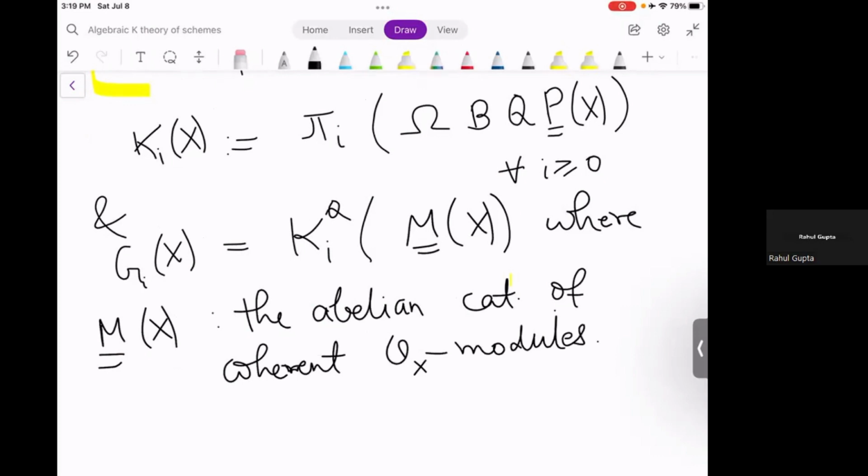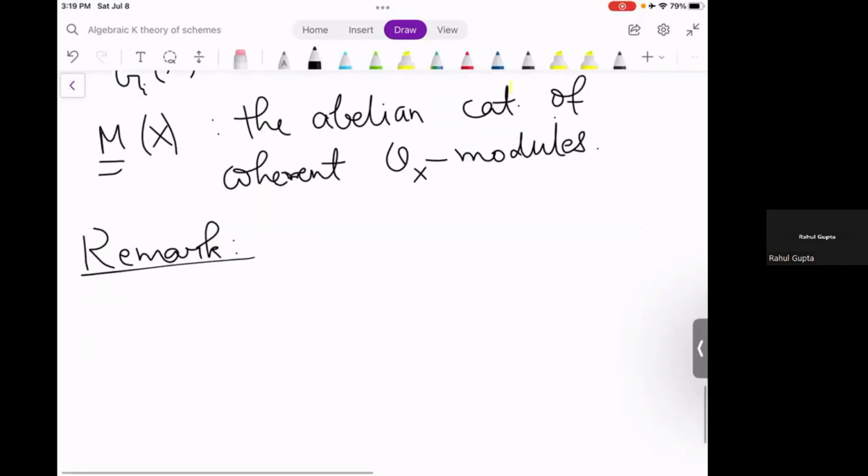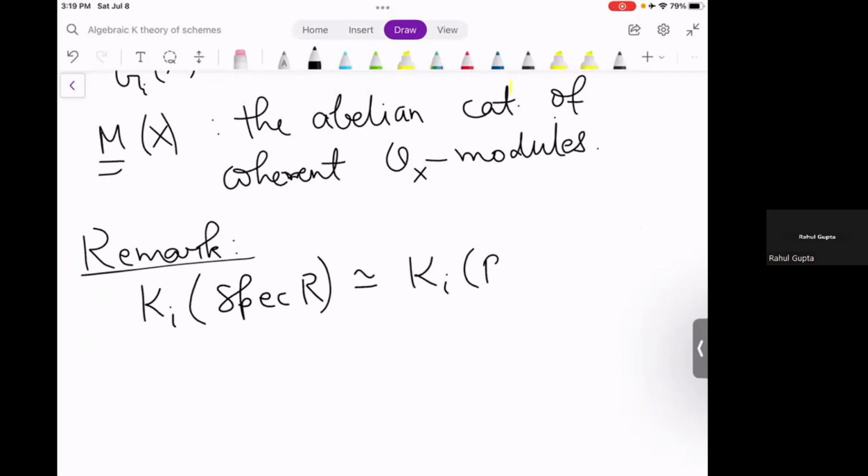Is the definition clear? Okay, so let us just do a sanity check that we are not doing something very weird. As we described earlier, if I take the K theory of Spec R, the scheme associated with a ring, it is actually nothing but the K theory of R, right?